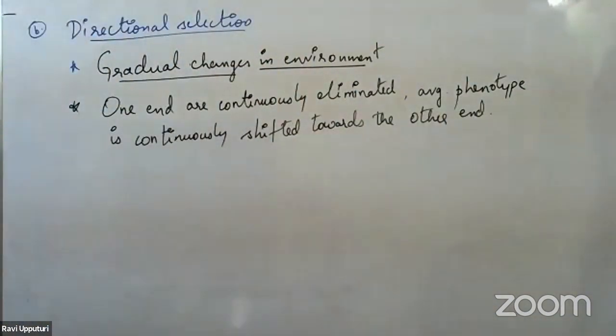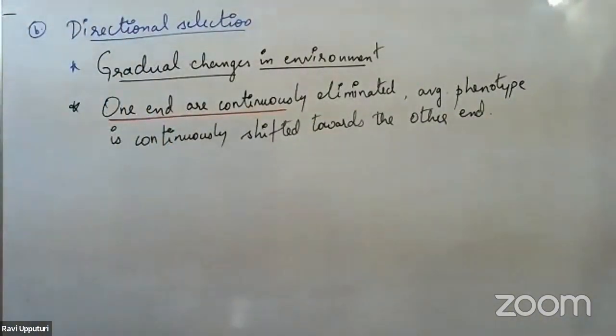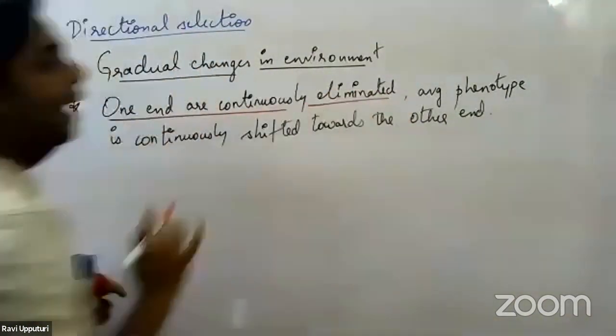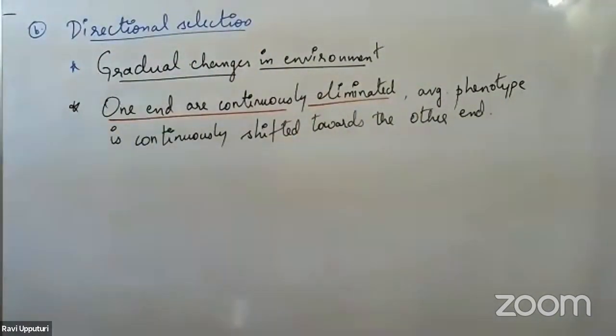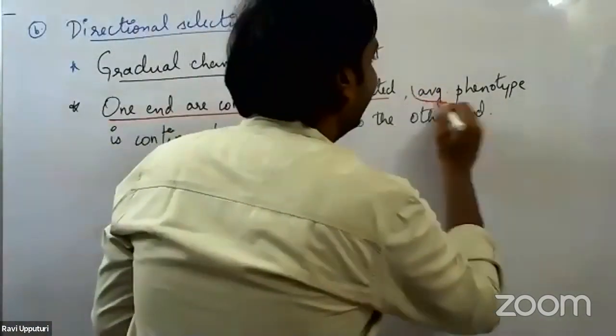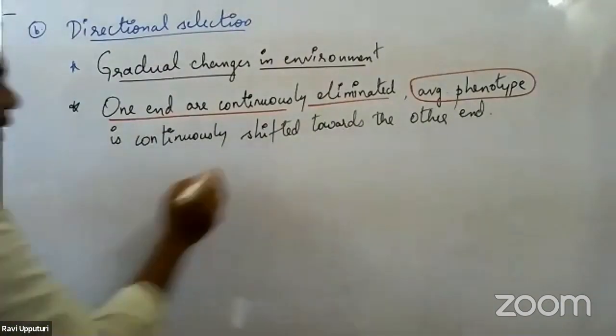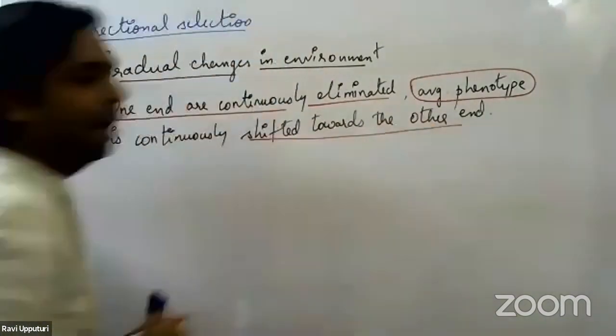So in this type of selection, individuals present towards one end of the phenotypic distribution are continuously eliminated. As a result, the average phenotype of that population is shifted towards the other end.